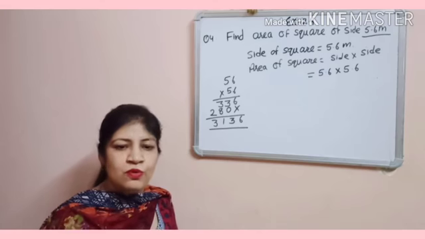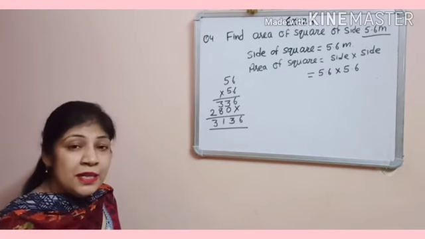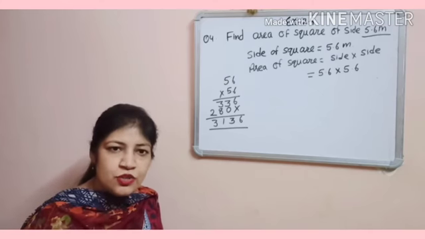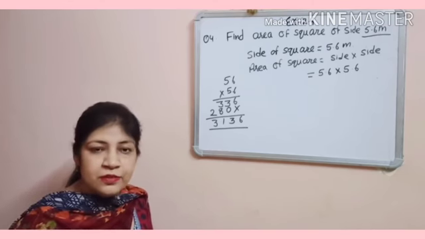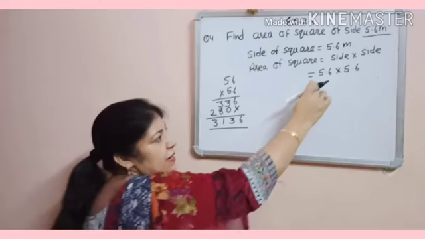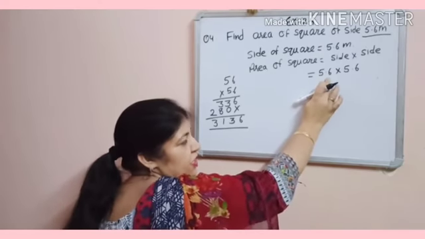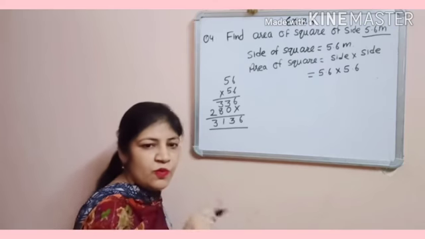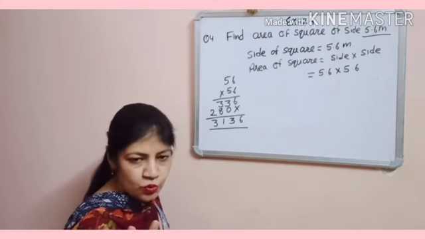I have told you that in multiplication the decimal point should be added. Clear? So here the decimal is after one digit. Here also the decimal is after one digit. 1 plus 1, 2.